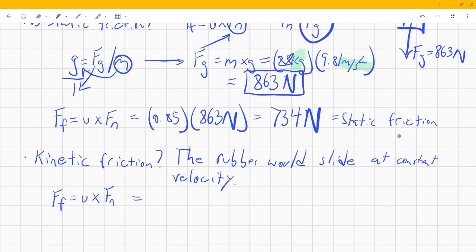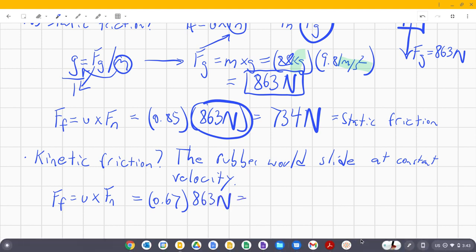0.67. So if the rubber is moving, we'll use 0.67 and then multiply that by the weight, which is the same as the normal force. So that's going to be times 863 newtons. And let's see what happens.